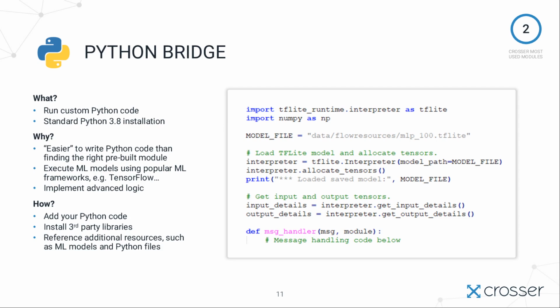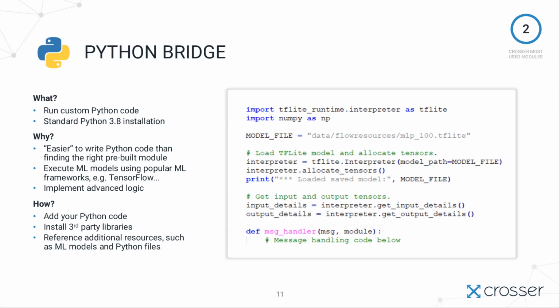And that was, of course, the question we asked ourselves when we saw this. So we had to look into all the different flows that customers have built to really understand what they have been doing with this Python module and how come this is such a popular module. And the conclusion, and I think the reason why it made it to the number 2 position in the list, is actually the first bullet here under why.